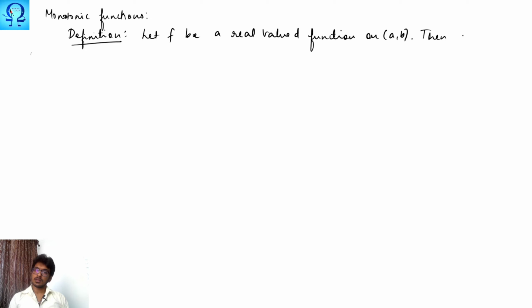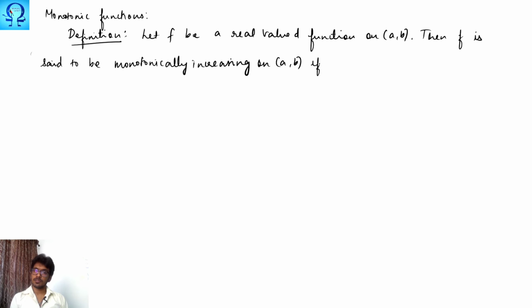Then this f is said to be monotonically increasing on (a, b) if you have something of this sort: a less than x less than y less than b implies f of x less than or equals f of y.